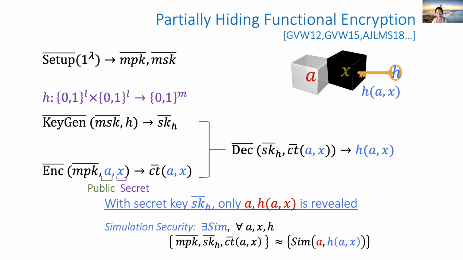Well, clearly, if this public key, secret key, and ciphertext can be simulated using only a and the output, then it means that they only convey a and the output and hide all other information about the secret input x. Again, the exact security notion does not hinder understanding the ideas in the construction.